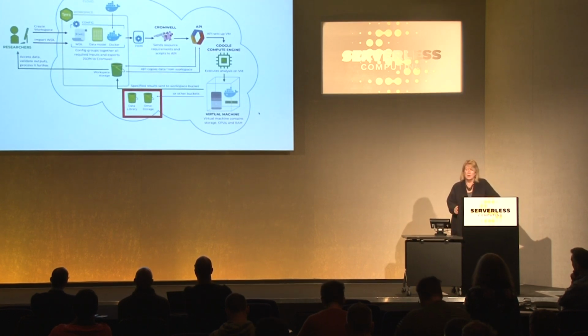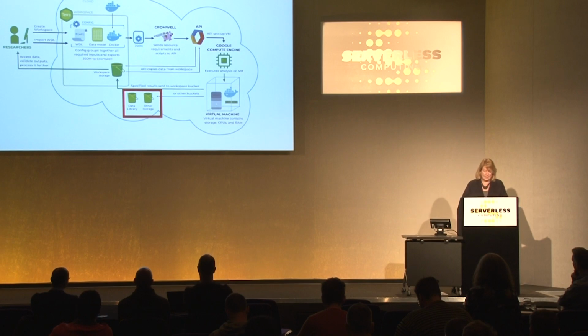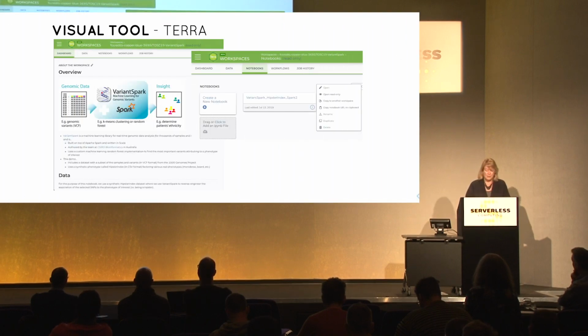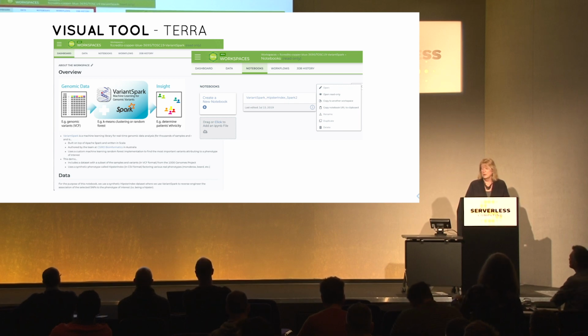And as you might wonder, did I get the Australian solution, Variant Spark, to work on Terra? Working with the team, I did. We used the Hello World example, and we got it up and going in 1 day, which further broadened the reach of their work to the very important research community at the Broad. Again, the visualization story is we had a Hello World example, which we could get going very quickly.